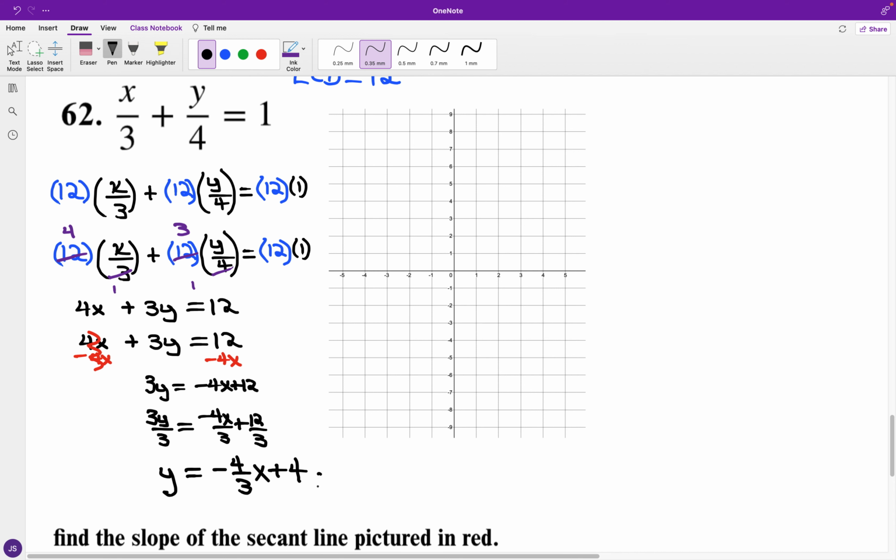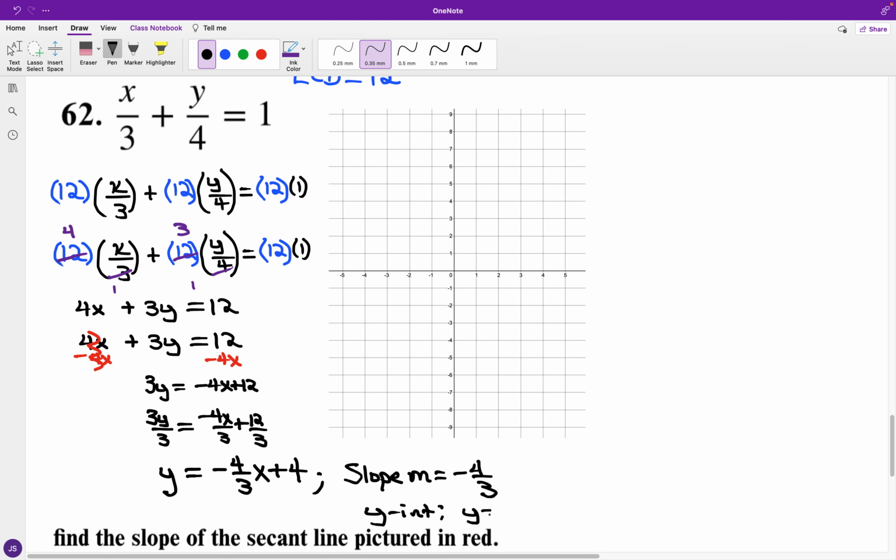Okay. And just for the characteristics, the x term coefficient is going to be the slope. And for the y-intercept, your b value is going to be 4.